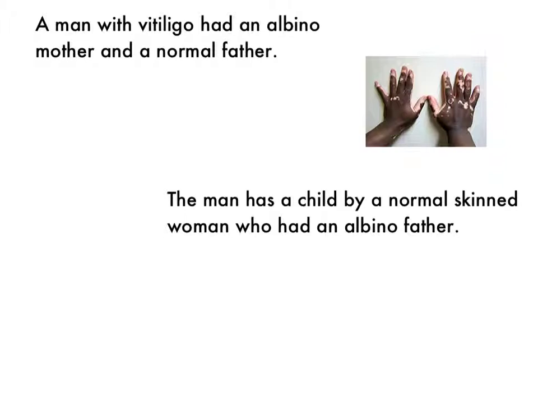So since vitiligo is dominant, use a big letter V. He had a normal father, so he must have a normal allele also. He had an albino mother. Albinism is recessive. But he's not albino because we can see the vitiligo, so he must have the normal allele also.